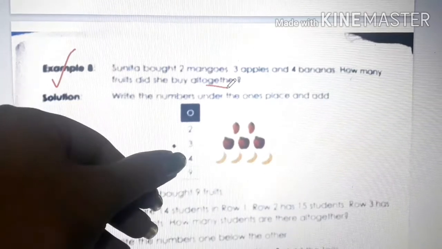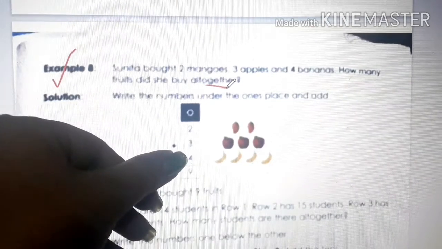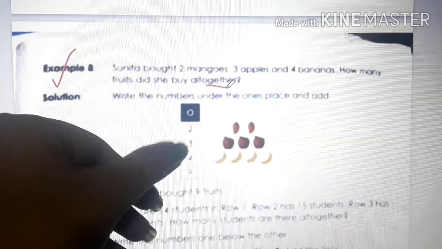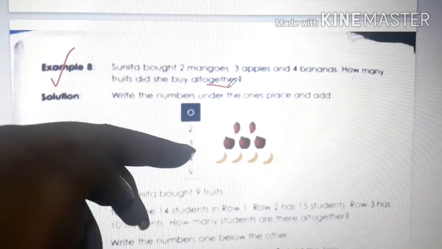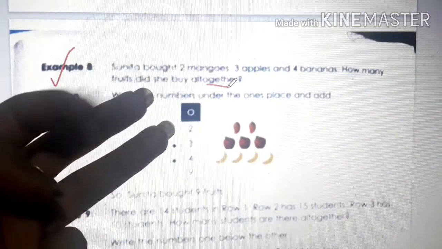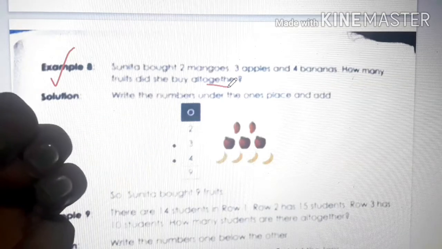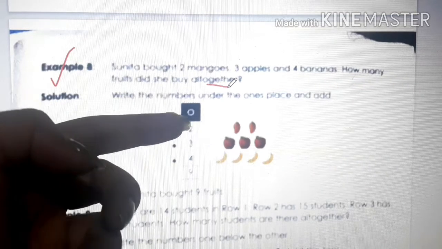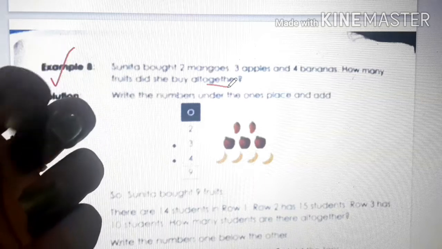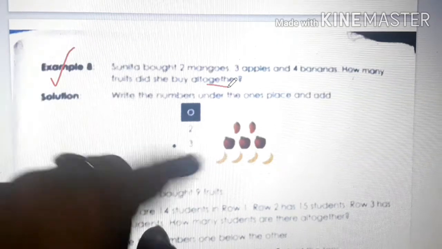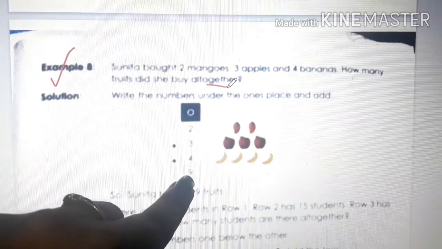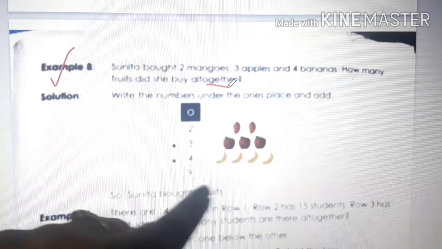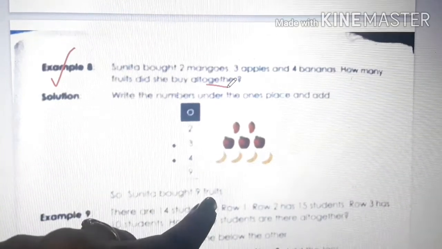Now you count, children. Keep the bigger number in your mind. 4. Then after 4 count 3, 5, 6, 7. Then count 2, 8, 9. So you just see what answer you got. 9. Sunita bought how many fruits? 9 fruits.